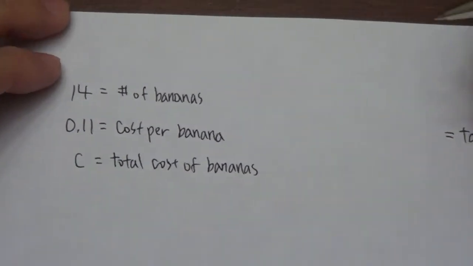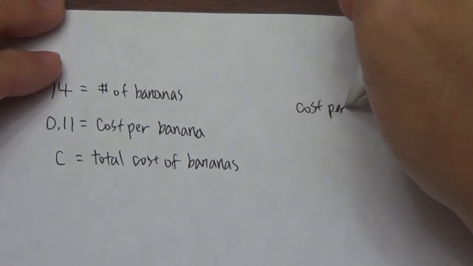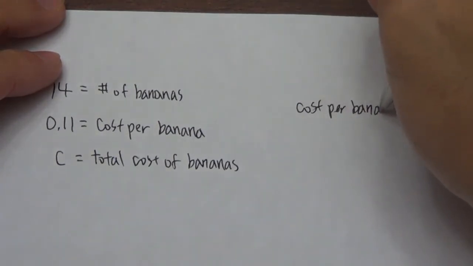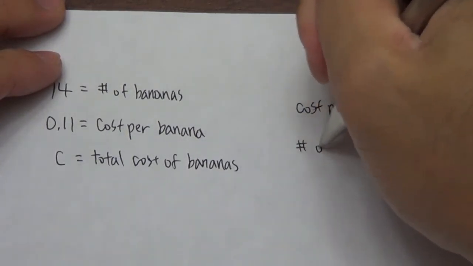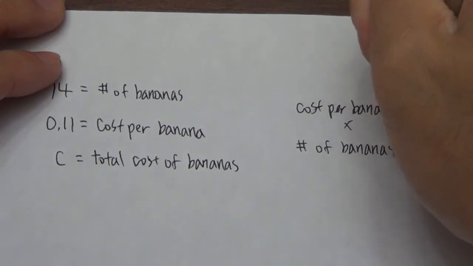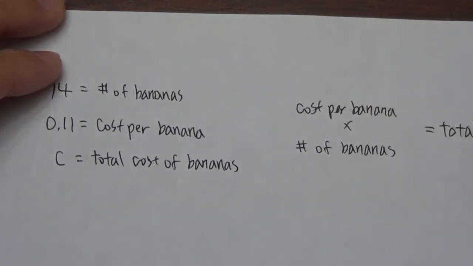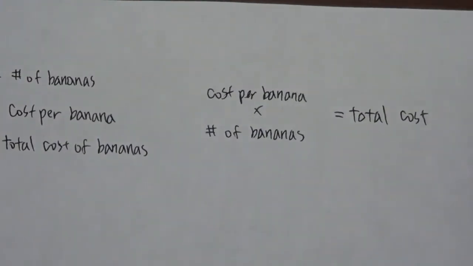So the cost per banana multiplied by number of bananas will give me the total cost. There we go, total cost.